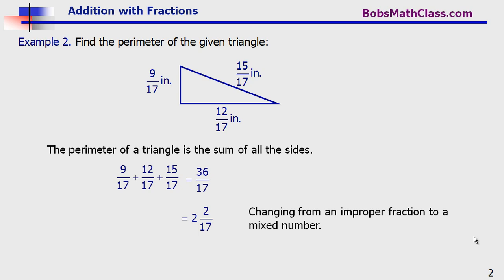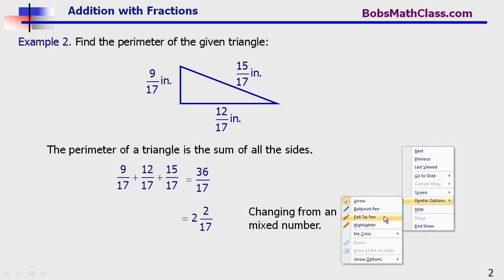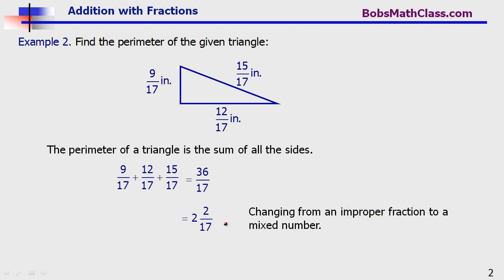So when we add up all these three sides, we get 2 and 2/17 inches. I should have put inches. Sorry about that. There we go. Inches. You should have your units for your answer.